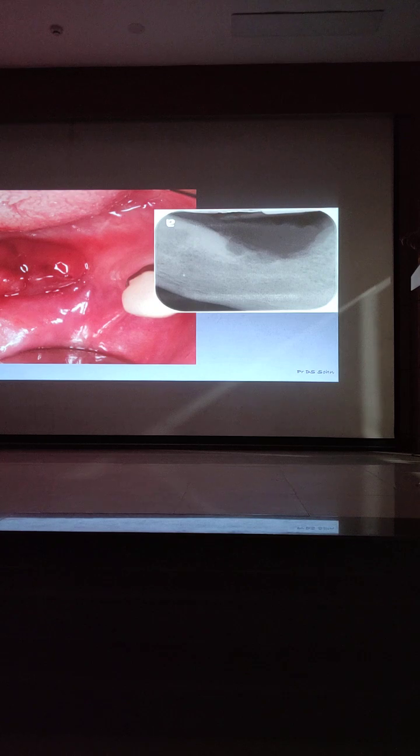Okay. This patient is very important to me because of a recurrent infection on the posterior mandible. Before she came to me, she received this augmentation here, but it was infected, so her dentist removed all graft materials, but the infection recurred many times.